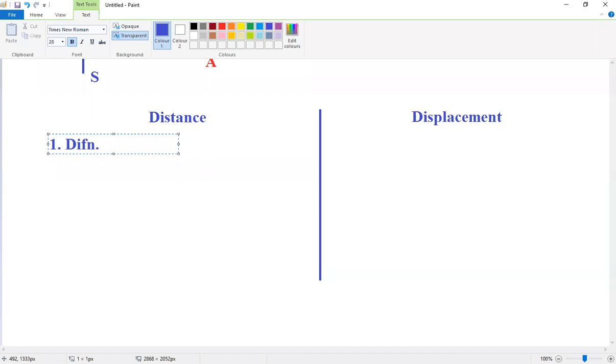You have to define it. So what is the definition of distance?